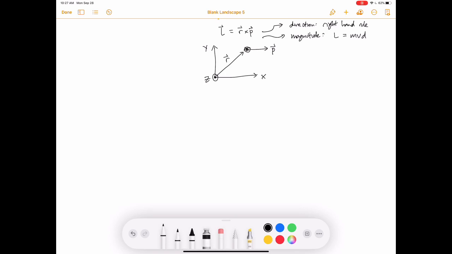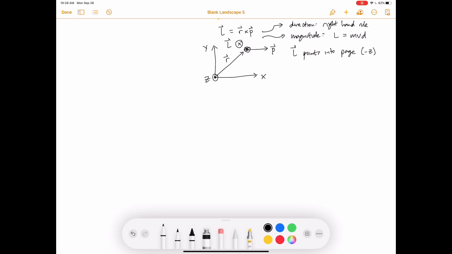So if we do r cross p using the right-hand rule, we'd point the fingers of our right hand in the direction of r, and then we curl them in the direction of p. If you do that, you should find that your thumb is pointing into the page, which is the direction of L. So L points into the page, which is the minus z direction.